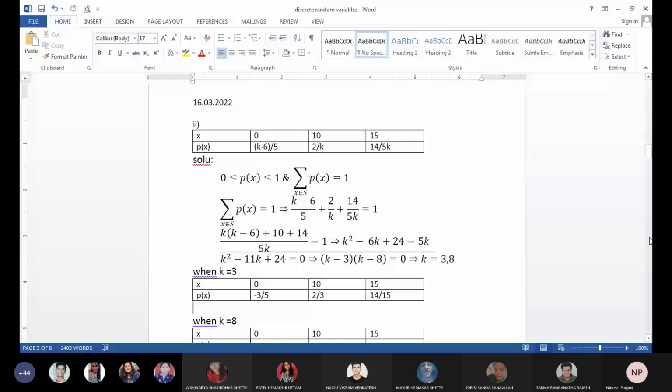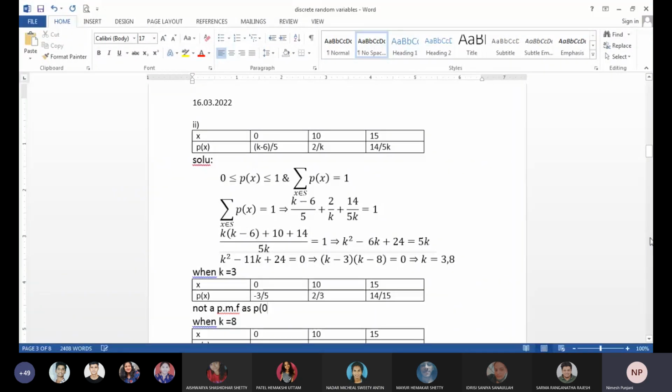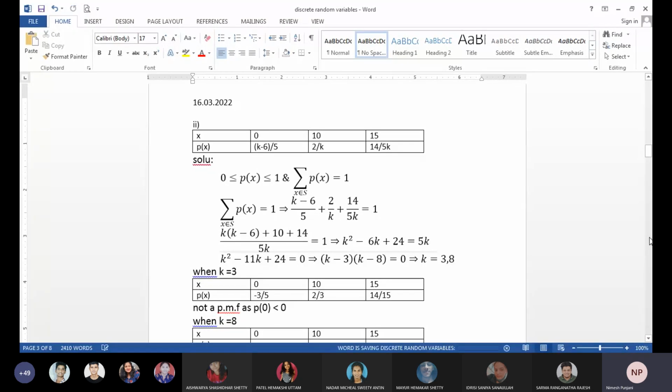Sir, it's not a probability mass function. Why? Because if we divide minus 3 upon 5, we get minus 0.6. हाँ. So you can say no, it is not a probability mass function as p of 0 is less than 0. Okay, negative आ रहा है ना p of x when x is 0, you are getting minus 3 by 5. इसका decimal value is 0.6.